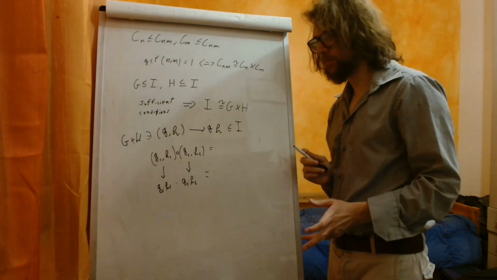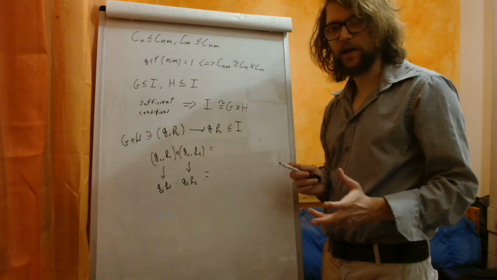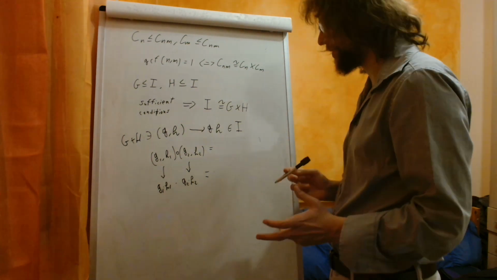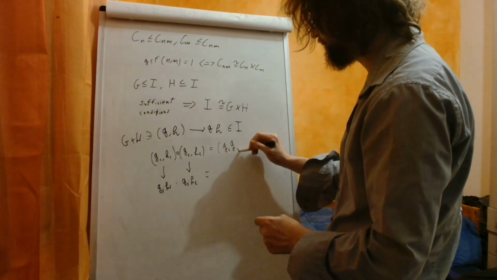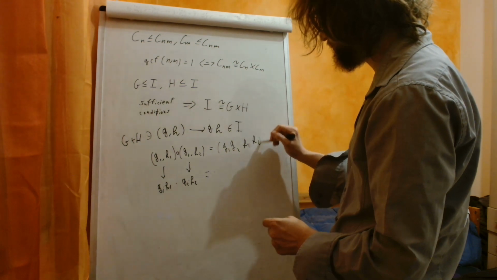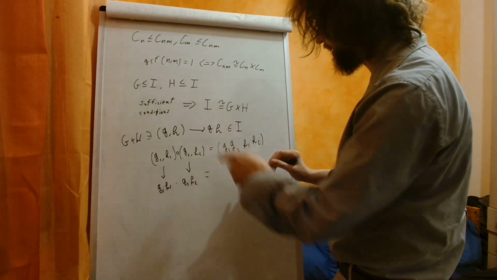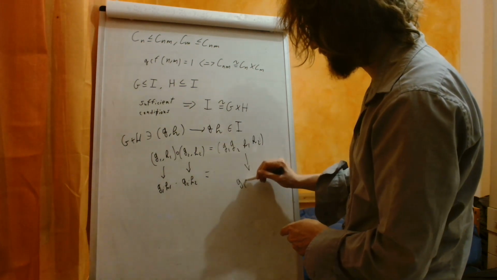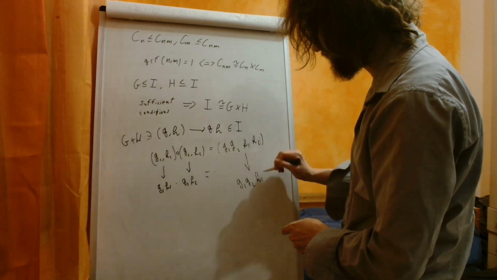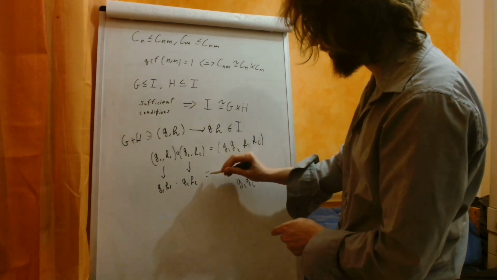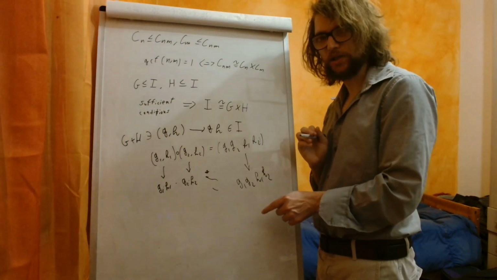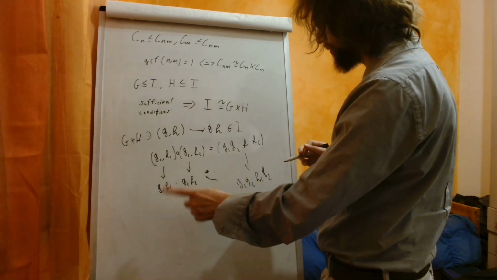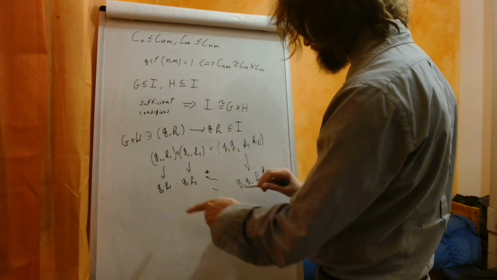Since this is a homomorphism, we must preserve the multiplication structure. So we know that this is (g1, h1)(g2, h2), and this is sent by our definition to g1 h1 g2 h2. And this must be equal to this because of the preservation of the multiplication structure.